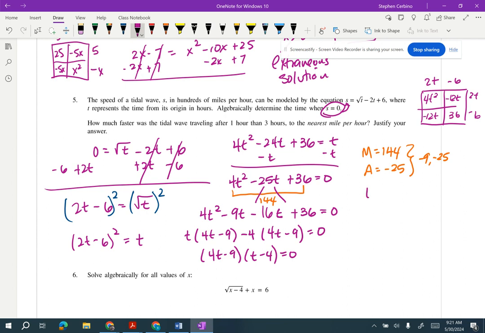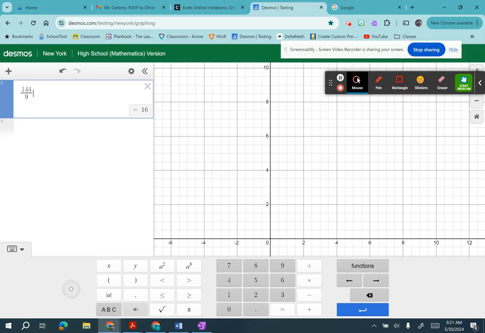Giving us two possible answers of t equals 4 and t equals 9 over 4. Now again, I have to check this. So I'm going to plug this into my calculator. We're going to say y equals 0, because s is 0 in this case.